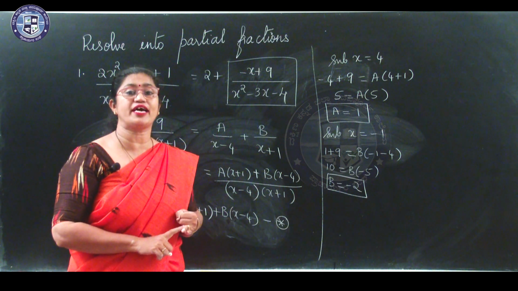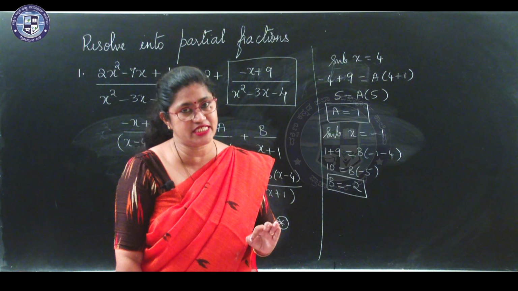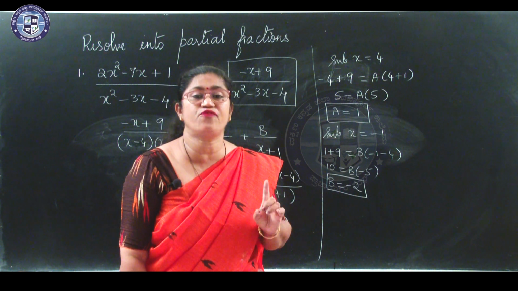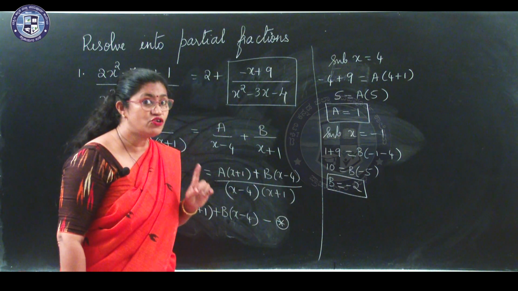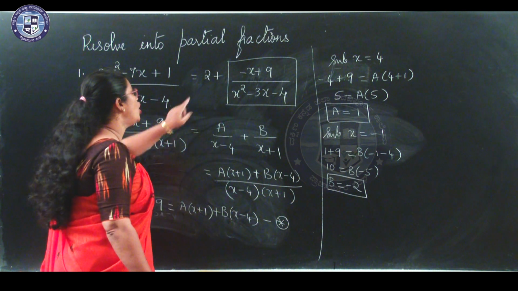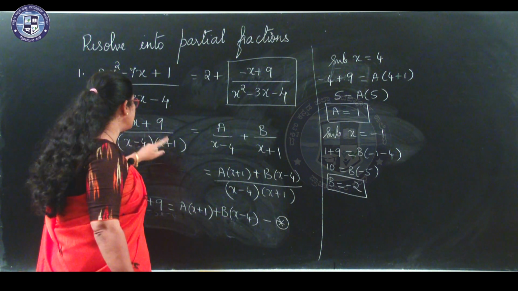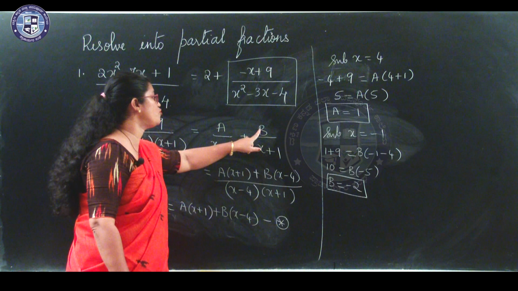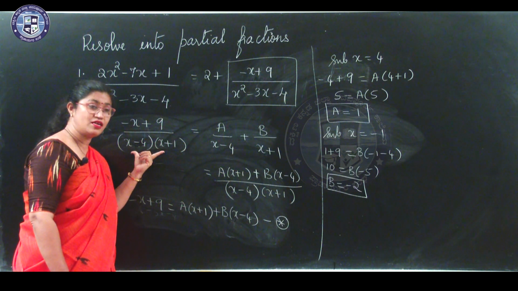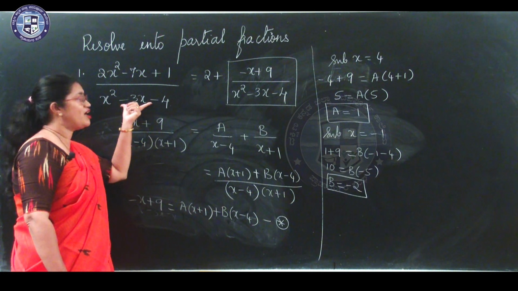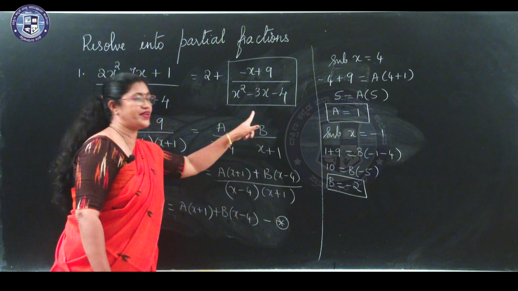Now I need to write the final answer. For improper fractions, when you write the final answer, note this point students, do not forget to write this one. Now, a by x minus 4 plus b by x plus 1 is the partial fraction of this fraction, but this is not my main question, and this is equal to 2 plus this fraction.